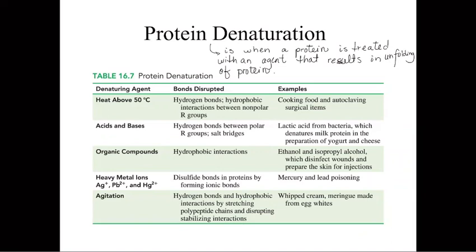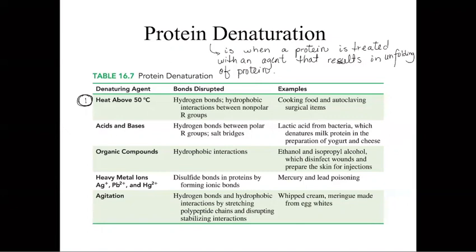So let's look at these different denaturing agents, starting with the first one, heating above 50 degrees Celsius. One of the things about heating things above 50 degrees Celsius is that at the protein level you affect the hydrogen bonds, you affect the hydrophobic interactions between the nonpolar R groups in your protein structure.